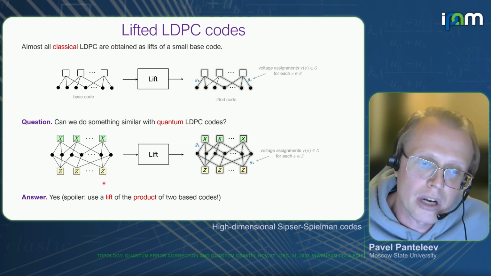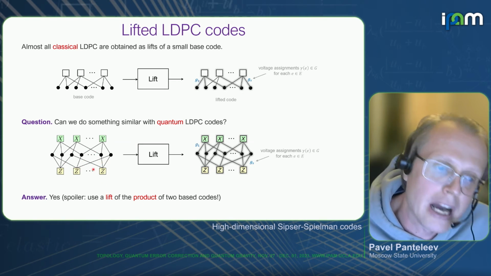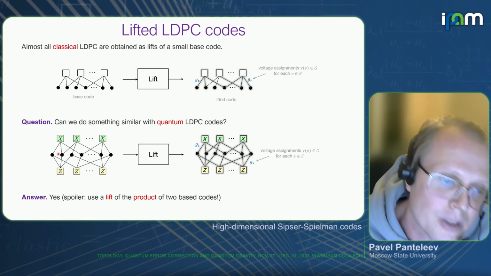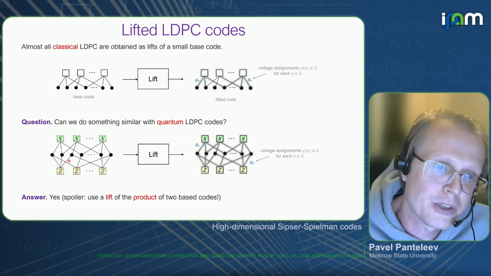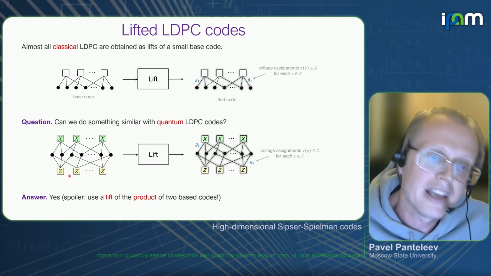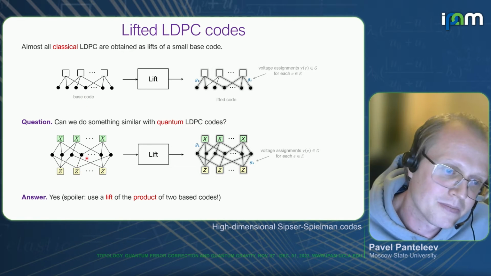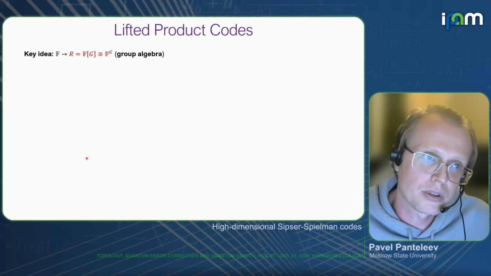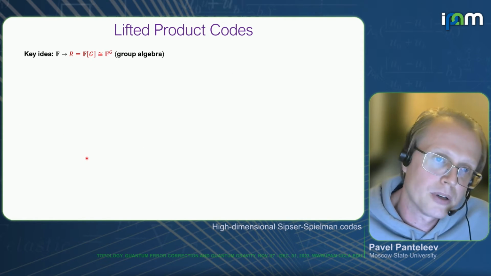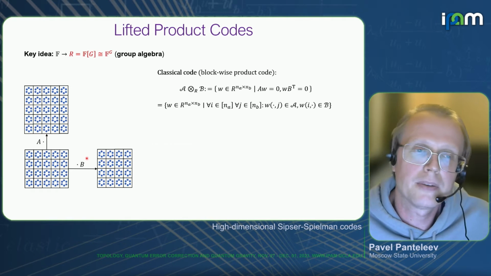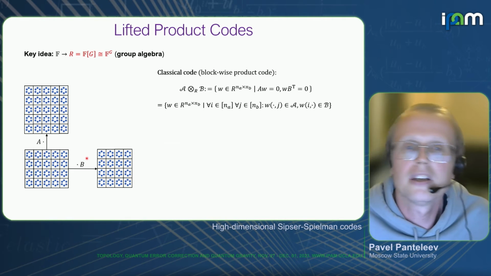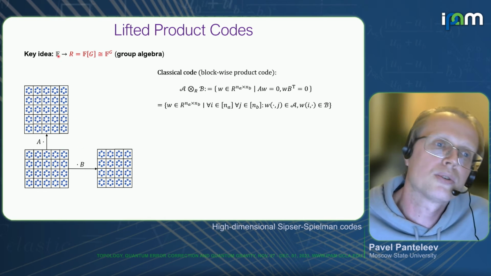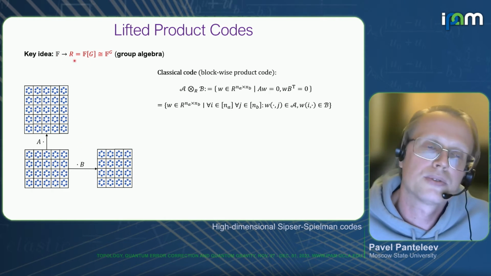I don't know how to apply the lift to an arbitrary quantum code, but I know how to do it if the quantum code we use as a base quantum code is a hypergraph product code. And actually, this is the main idea of the lifted product code. It can be described in many different ways, but maybe the simplest one is in algebraic terms. The key idea is to go from the field to the ring.